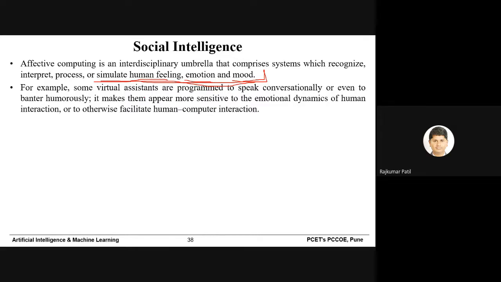But when we talk about the futuristic system, it should understand your feelings, emotion, or mood based on the voice toning or the intensity with which you are talking, and accordingly it should act. So all this part comes under social intelligence.